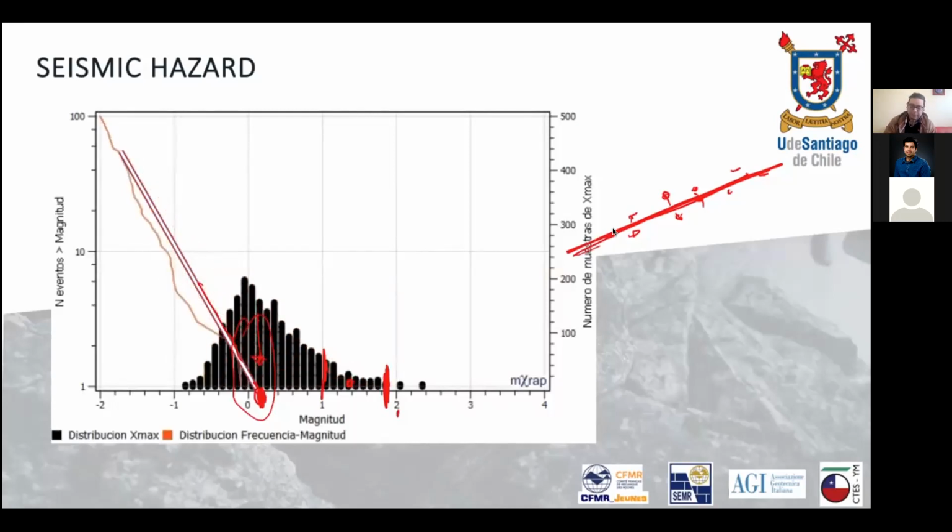However, this analysis of the distribution of the maximum magnitude has been addressed by other fields of engineering, and it's called the extreme value theory. That looks for the distribution of the extreme values of a distribution. In this case, this theory looks for the distribution of the maximum magnitudes of your data.